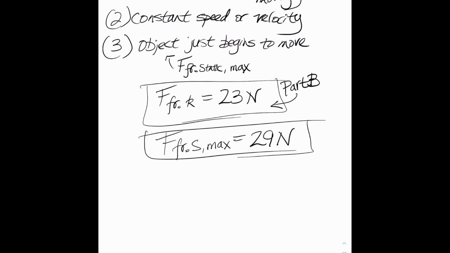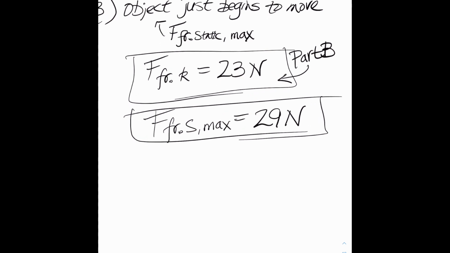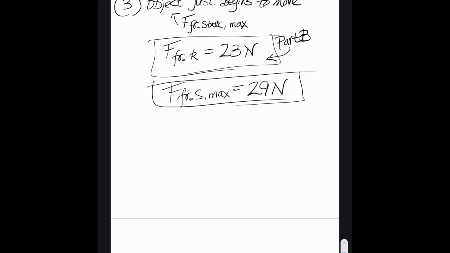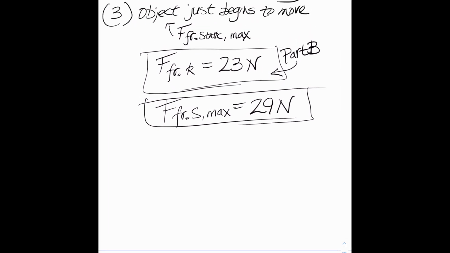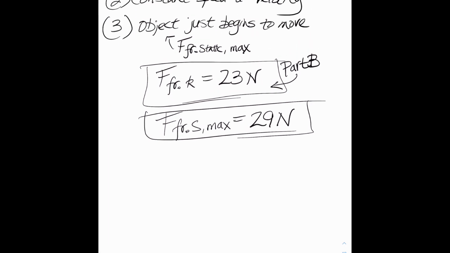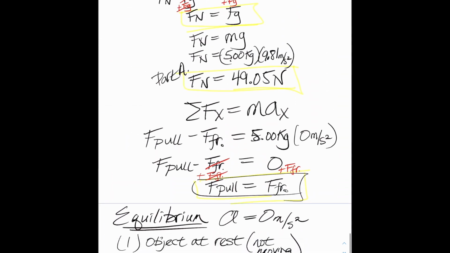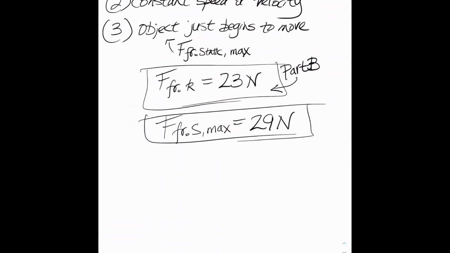It can change all the way up to its maximum. So mu static can be smaller, which is kind of weird to think about, right? But it's true. So let's go ahead and solve for this. All right, so we're doing static max.